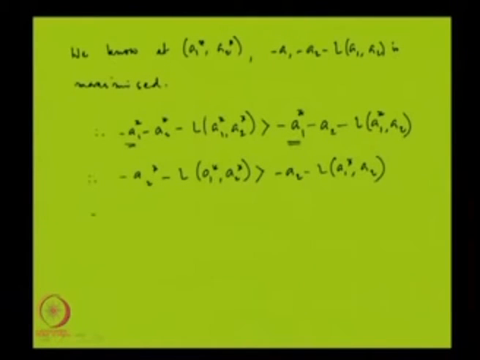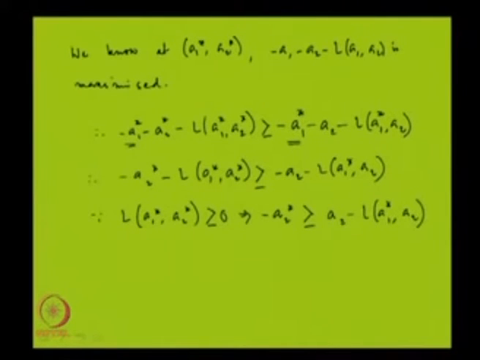And since this is greater than 0, which means that minus A2 star, so all this will be greater than or equal to minus A2 minus L1 star A2.